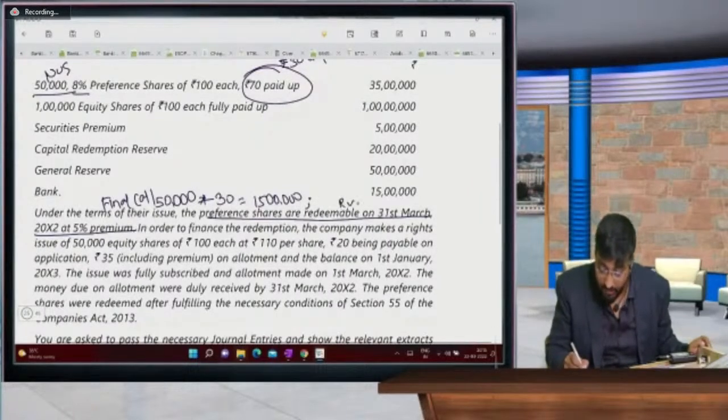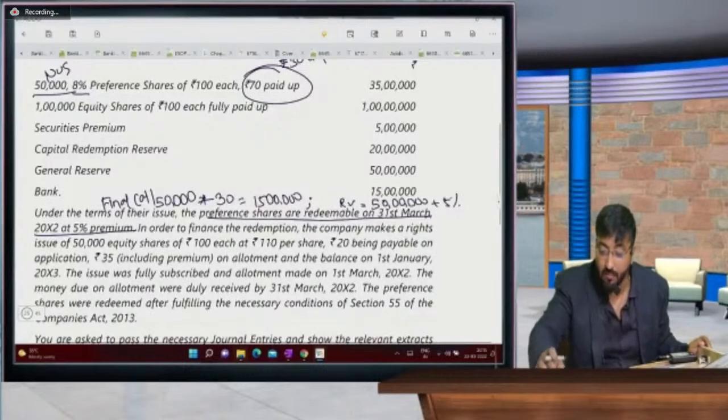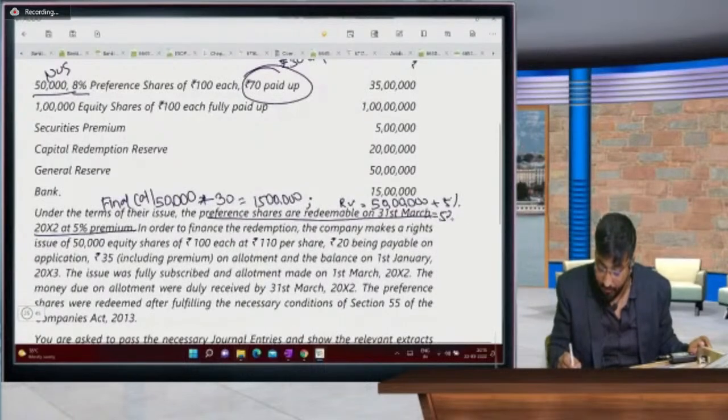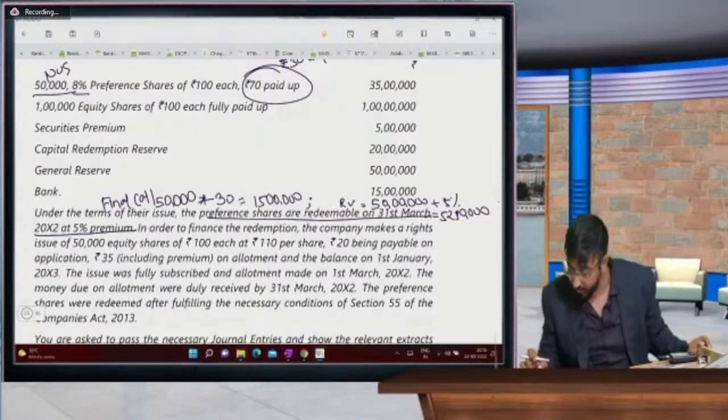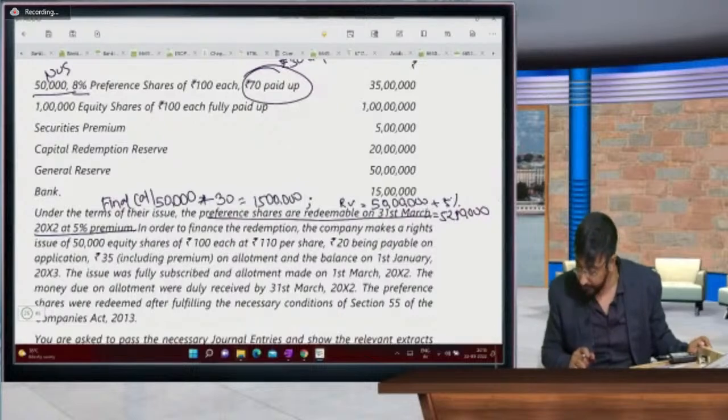And then what is the redeemable value? 50 lakhs plus 5%. So this is 52 lakh 50,000. Very easy question. Next one.